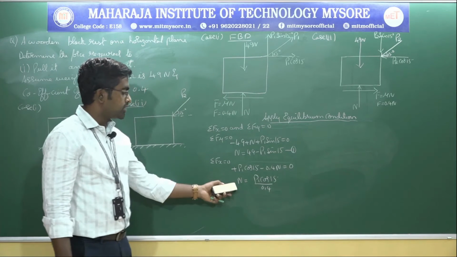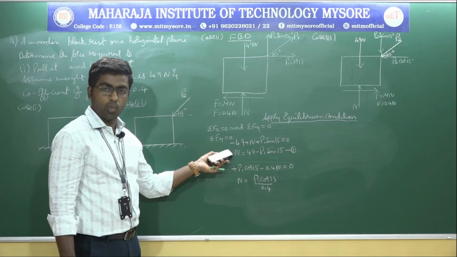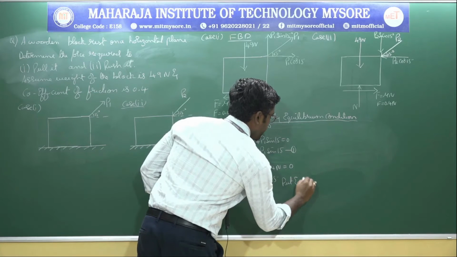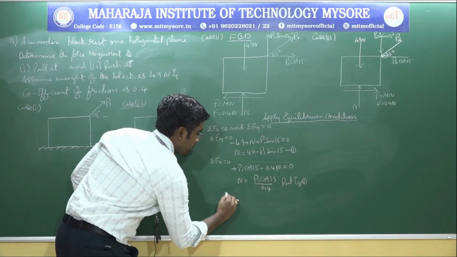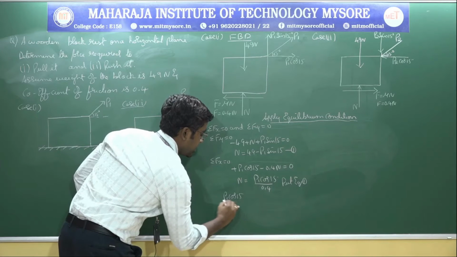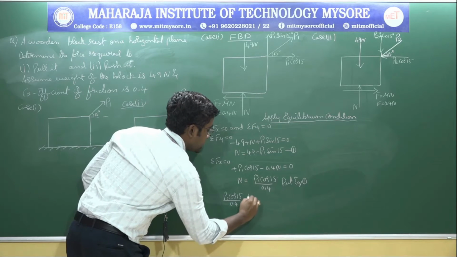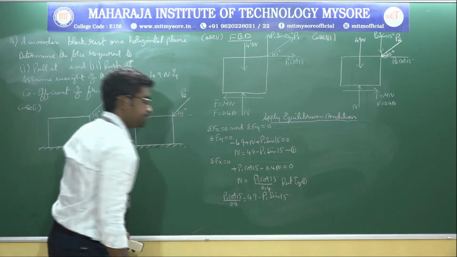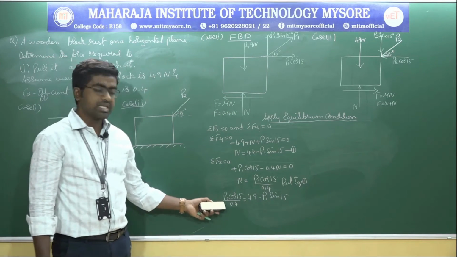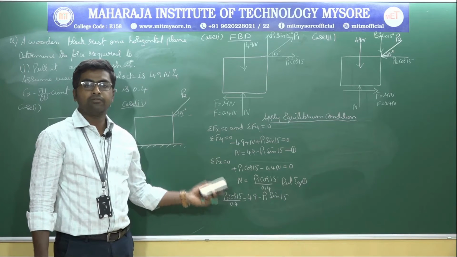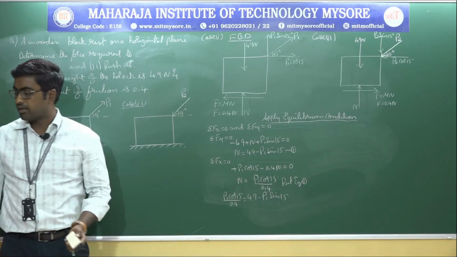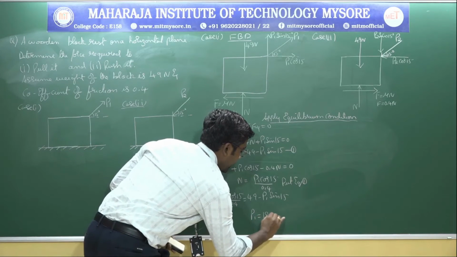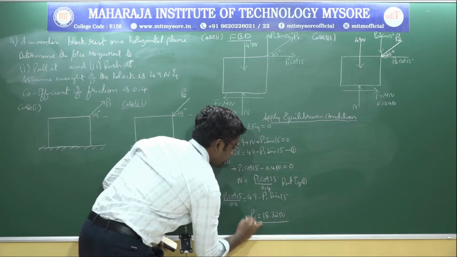I am going to substitute this N in equation 1. Therefore P1 cos 15 divided by 0.4 is equal to 49 minus P1 sin 15. In this equation there is only one unknown, that is P1. If you simplify this equation for P1, P1 is equal to 18.32. 18.32 Newton is the value of P1.